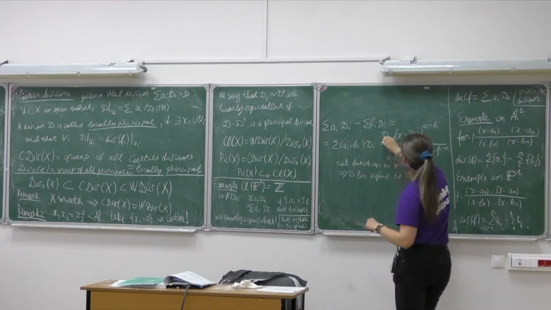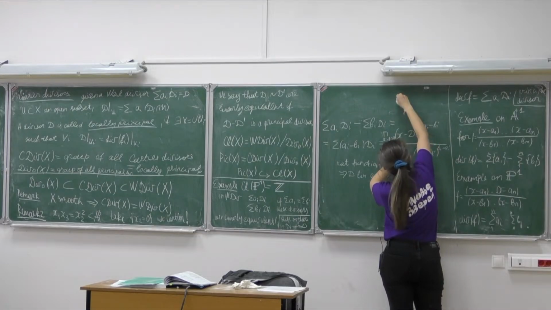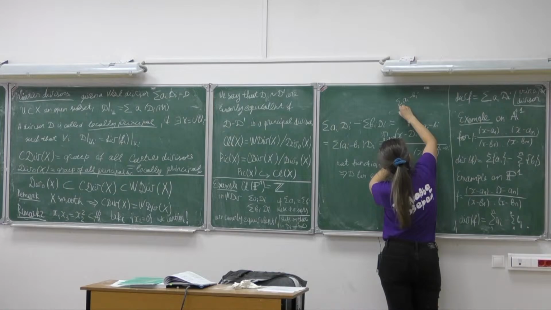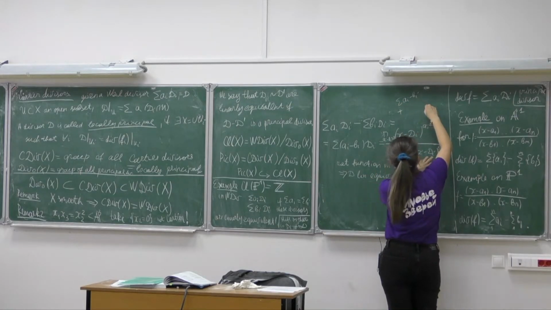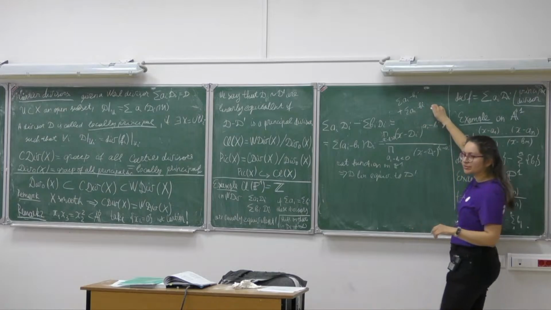What is the total degree of this function? This is the sum of ai minus bi for those where it is positive, and the sum of ai minus bi for those where this is negative.